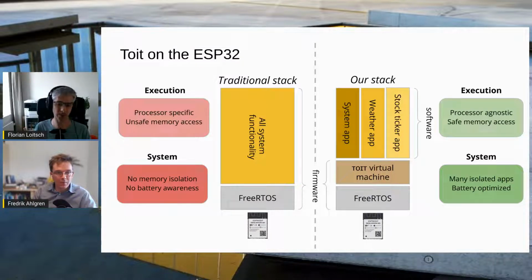Interestingly, the system application, the one that, for instance, schedules the other applications, is also on top of the virtual machine. It just has more privileges, and then you can have multiple different apps that run on that virtual machine.